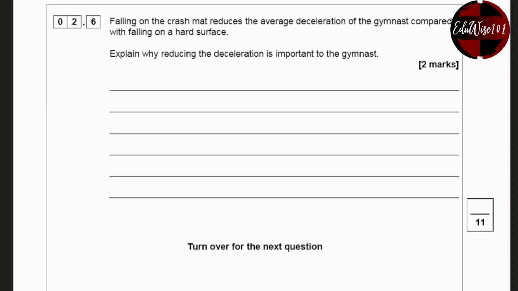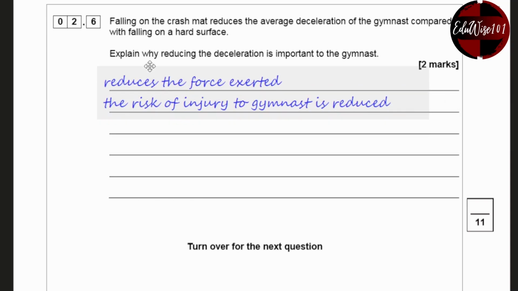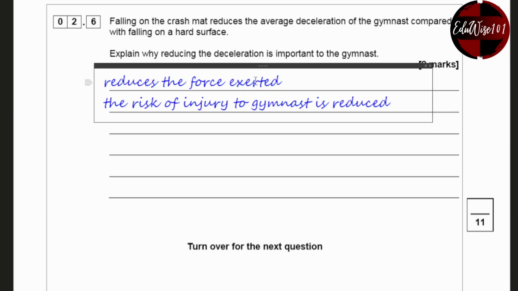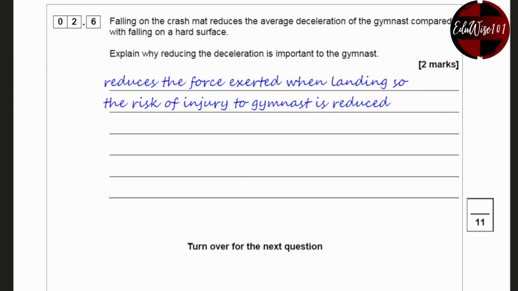Compared to hitting a hard surface, she's going to land really hard. That means there could be injuries. So using a crash mat reduces the injuries. It reduces the force exerted when landing, so the risk of injury to the gymnast is reduced.